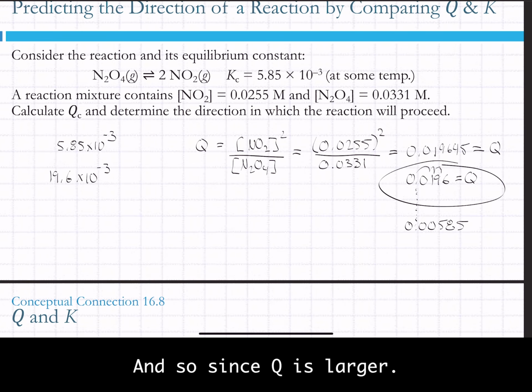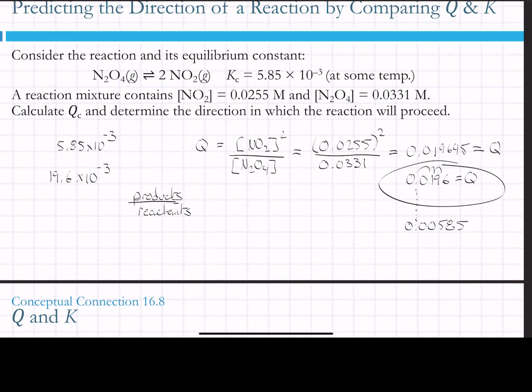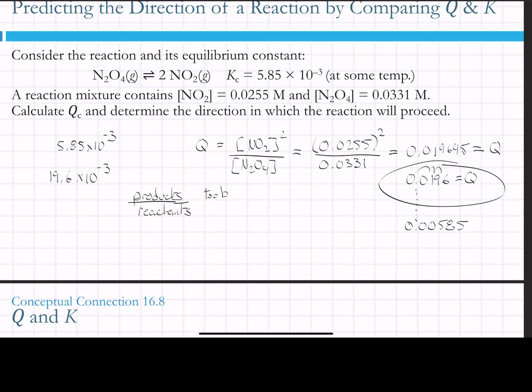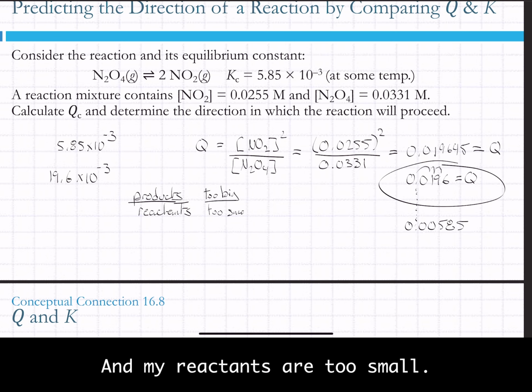And so since Q is larger, that means that my products are too big and my reactants are too small.